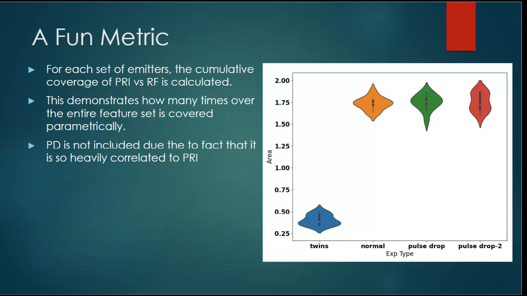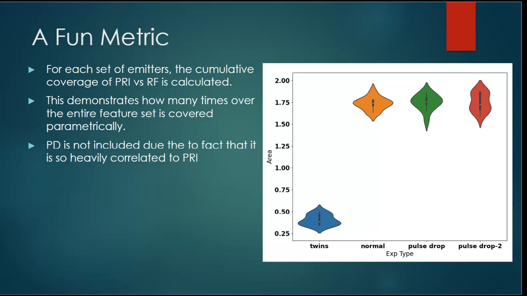All right, so one last thing is a fun metric for the data sets that were generated. Every time a data set was generated, I looked at each emitter's coverage over the PRI and RF and calculated basically an area for what portion each emitter covered parametrically.